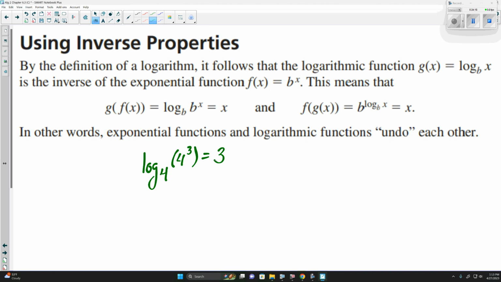Now we also have it going the other direction. b to the log base b of x is indeed x. Questions on this here? This kind of makes sense, yes?